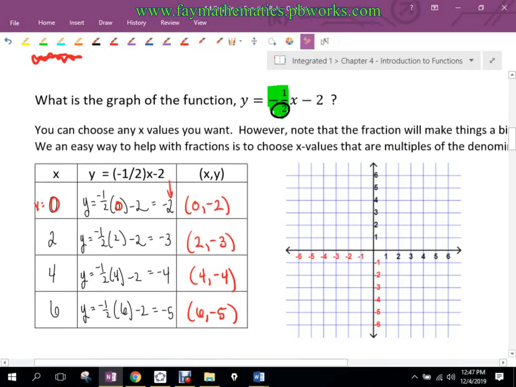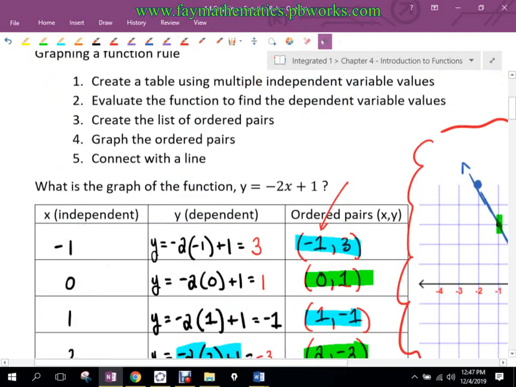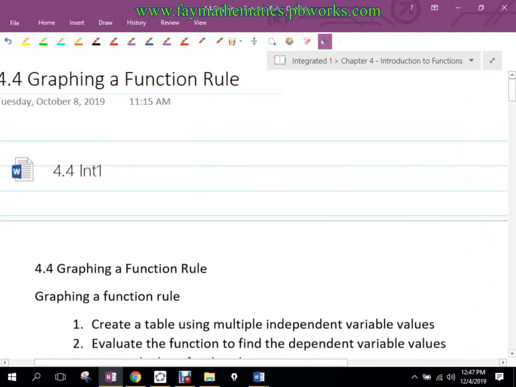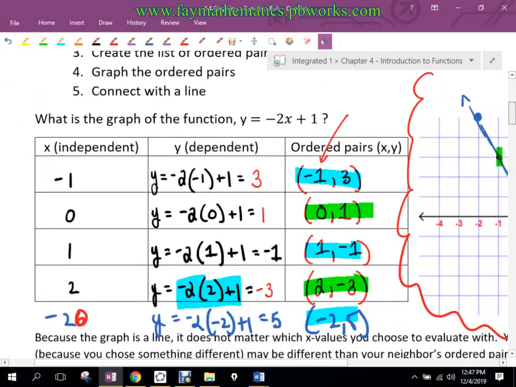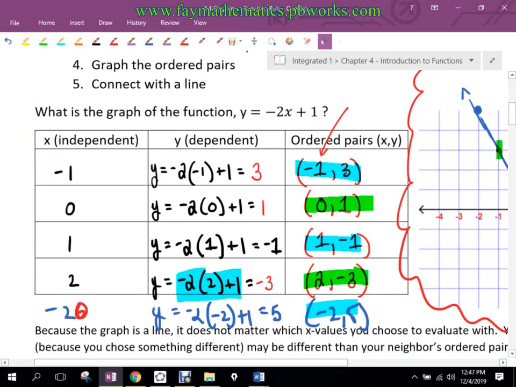All right. So we said yesterday, and we talked about in the initial notes where it says create a table using multiple independent variables right here, step 1, I talked about yesterday that it doesn't matter what your independent variables are. Here we started at -1, went to 0, went 1, went 2. You'll see in your homework that one question will start at 0 and go 1, 2, 3.